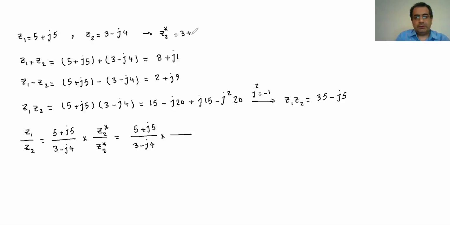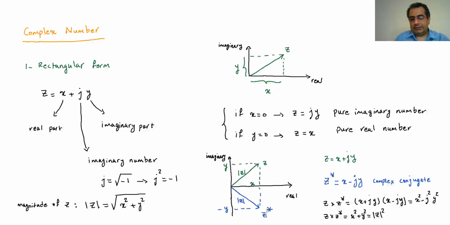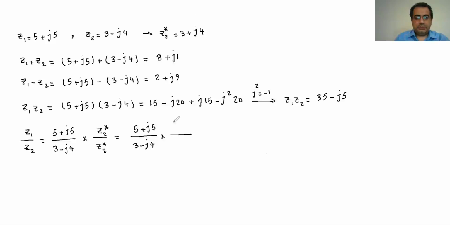If it's positive, it's going to be minus j4, as we had it here. So if this is a z, the z star, just the sign of the y is going to change. And the same, if this is a z, this is z star. So we just change the sign of the y. So here, I change the sign of the y, so it's going to be 3 plus j4.